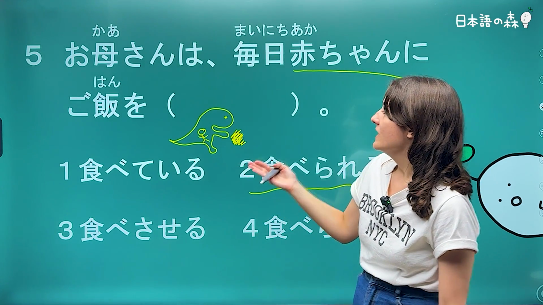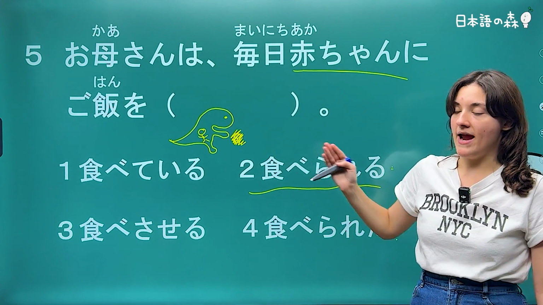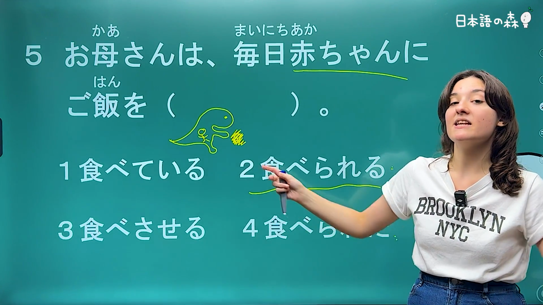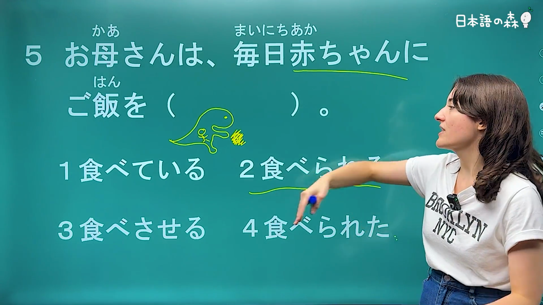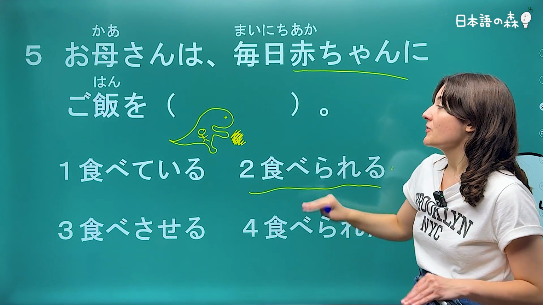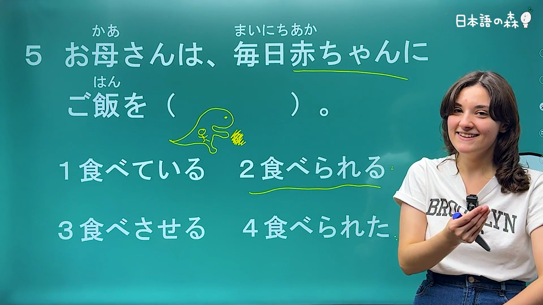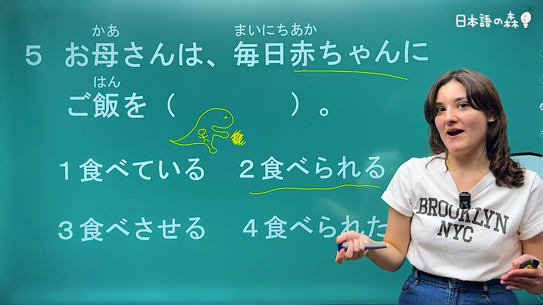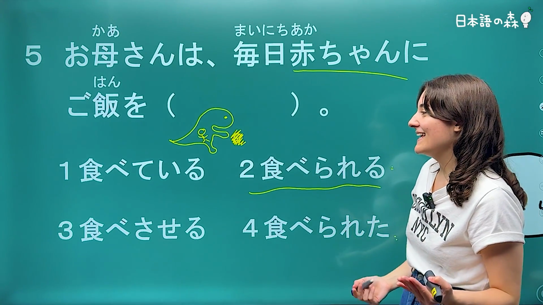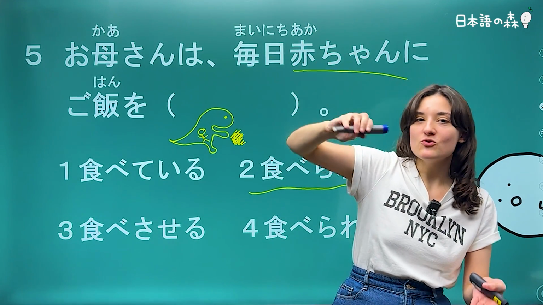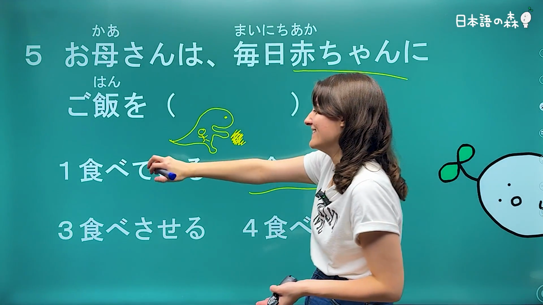Okay, so here we're talking about a mother and a baby, right? Babies, for the most part, can't really do things for themselves, right? They need people to feed them and change them and clothe them and do all these different things. So in this case, the mother is making the baby eat. Probably not in a forceful way, like eat baby, but in a kind, gentle, like here comes the airplane, kind of way.